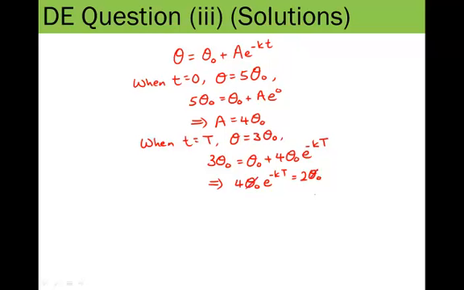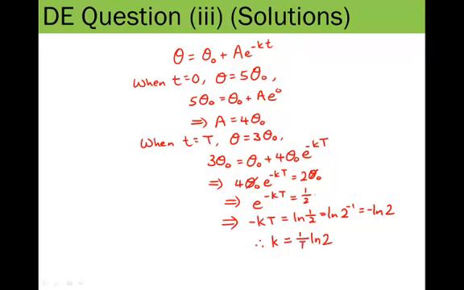Divide theta naught on both sides. Now I get e to the power negative k big T is equals to half. And if we apply ln on both sides of the equation, I end up with negative kT is equals to ln half, which is equals to ln 2 to the power negative 1, which gives us negative ln 2. So therefore, my constant of proportionality k is equals to 1 over T ln 2.